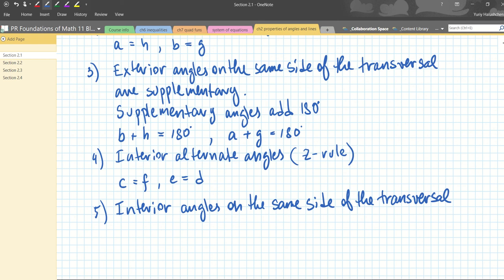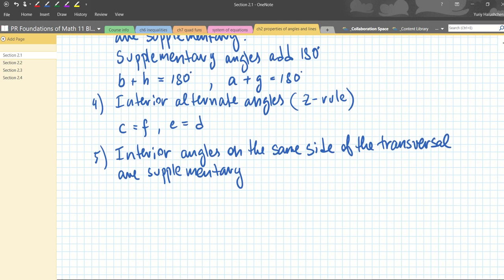Okay, and again, these are supplementary. And like I said before, this means that they will add to 180 degrees. So in this case, we have angles C and E. So C plus E will equal 180 degrees. And the other pair is D plus F equals 180 degrees.